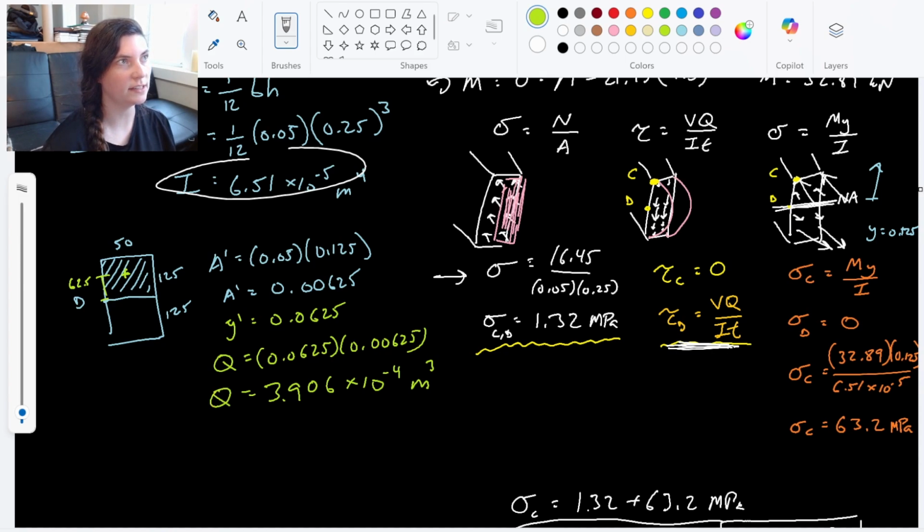My thickness, again, that's the width of what we're cutting through here. So my T value is going to be 50 millimeters, 0.05 meters.